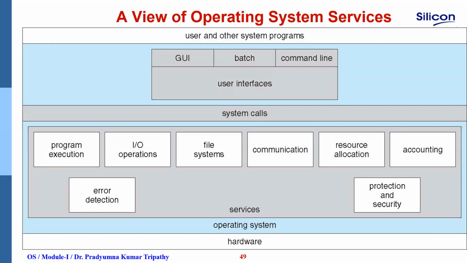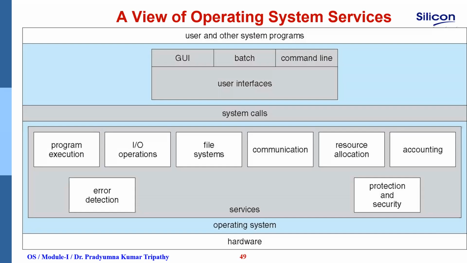Correct. For example, if I want to copy a file to another file, that might require hundreds of system calls. I want to open the file, I want to close the file, I want to read content. So for everything, I have to invoke one system call, because it is not simple; many operations are required for all those different system calls.